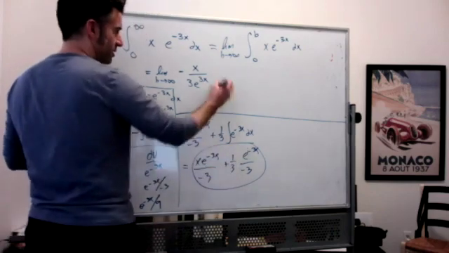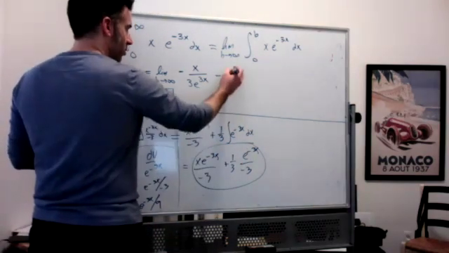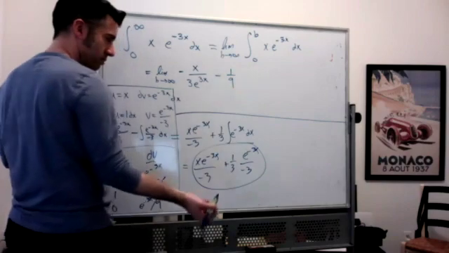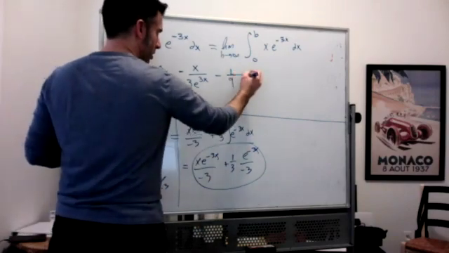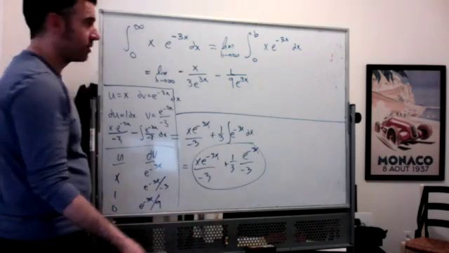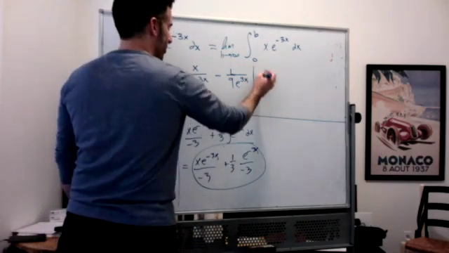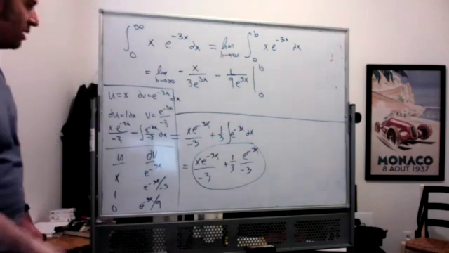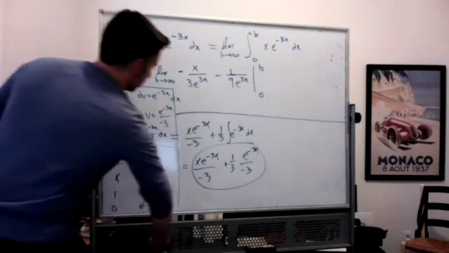Same deal here. I'm going to write this as minus 1 over 9, and then the e to the 3x in the denominator, from 0 to b. I have to erase somewhere.